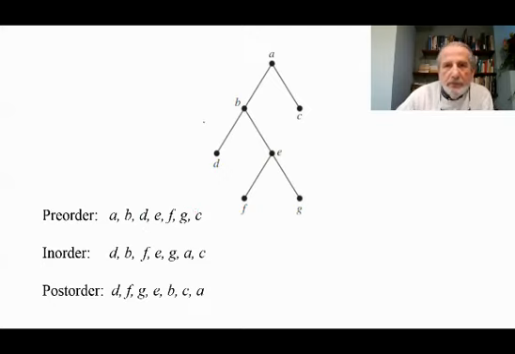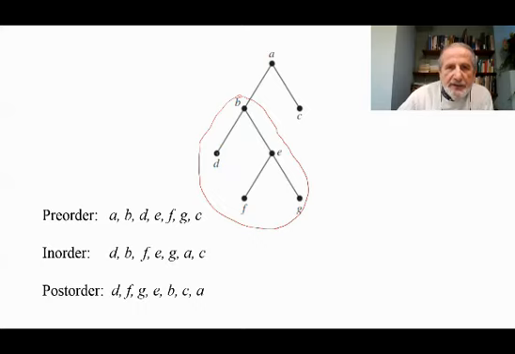Now the inorder. I have to do this first, and then go to A, and then go to C. But this one here is a subtree, the root of a subtree, so I apply the same concept, the same method.